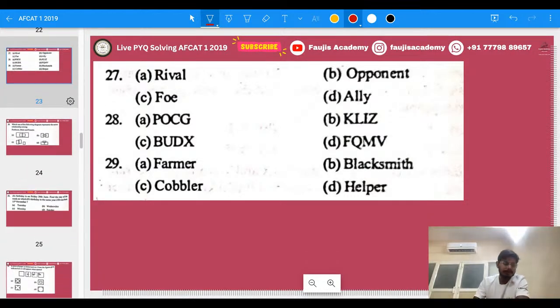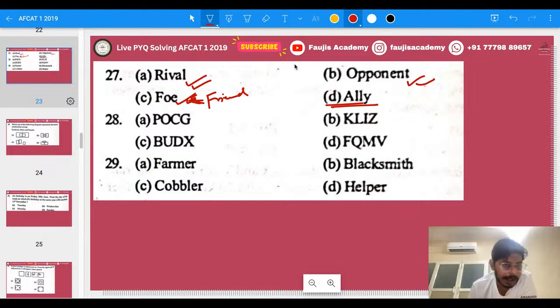Odd one out again. 26. Rival means opponent. Foe, friend, opposite. Ally. Who is your ally? Who is your helper? Who is your friend?